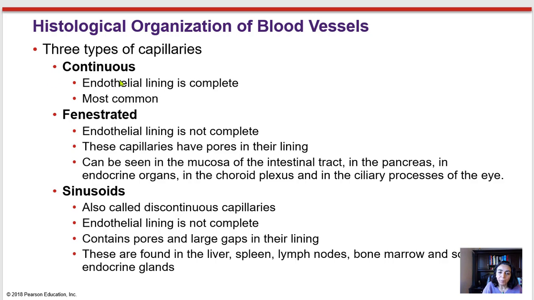When we have a continuous capillary, where the endothelial lining is complete, the endothelial cells are simple squamous cells attaching to each other back to back. We're going to talk about how materials pass through these. Some of them just have to get into the cells and then get out on the other side to reach the other side.